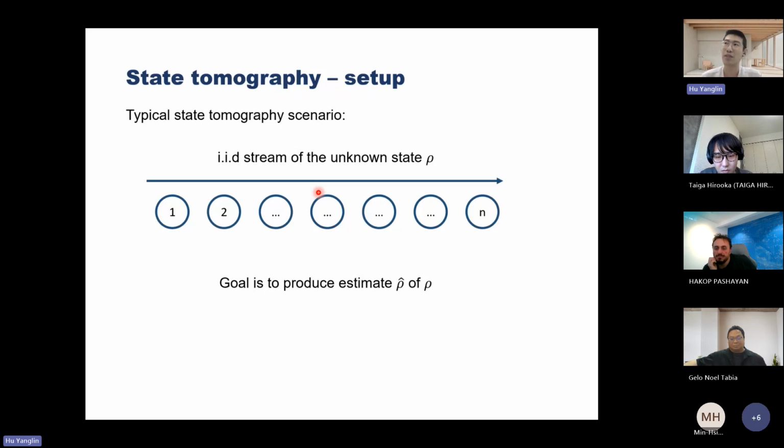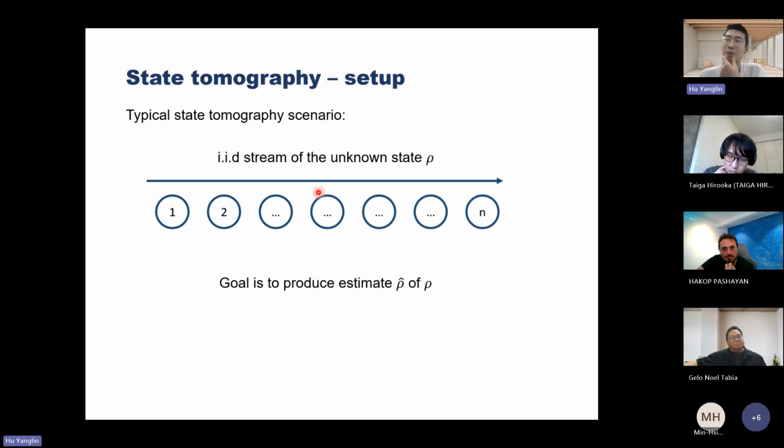So it's kind of equivalent to you get rho 1 tensor rho 2 until rho n, and then you perform a measurement on the symmetric subspace to learn it. So I guess when you perform the measurement on the symmetric subspace, it's kind of equivalent to you symmetrize them a little bit.